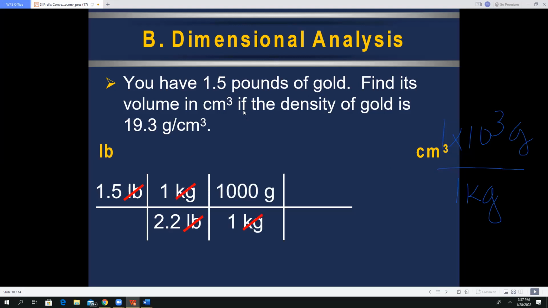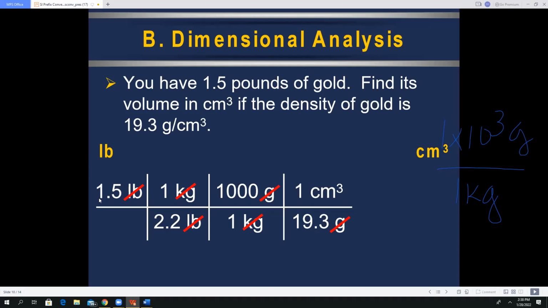And then after that, you see how we have this unit right here? In this case, since the grams are with the 19.3, the 19.3 has to go on the bottom. And then the centimeter cube goes on top. And as you can see, grams will cancel and we'll end up with what we wanted, which is centimeter cube.